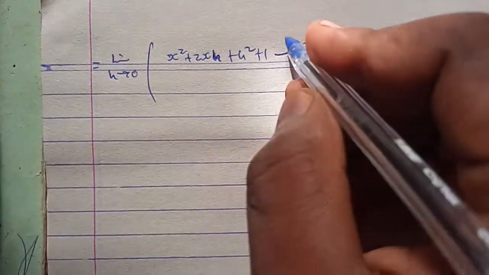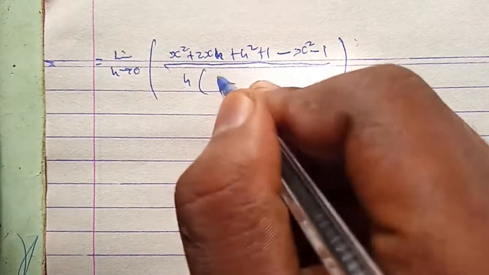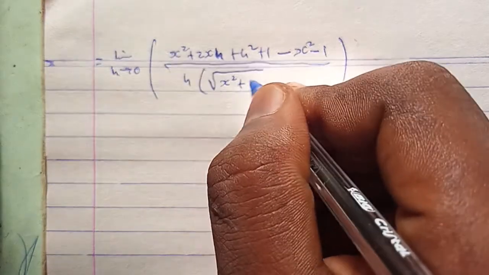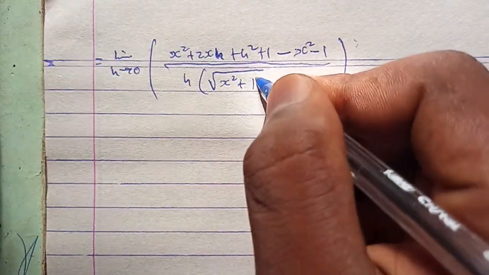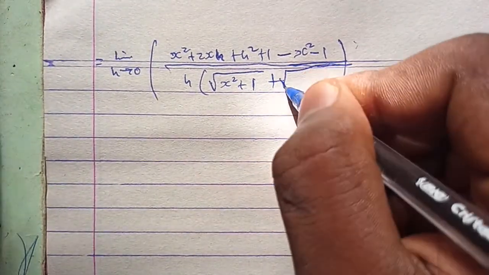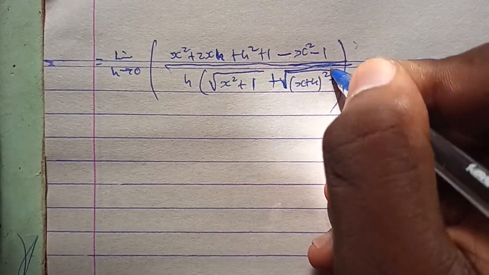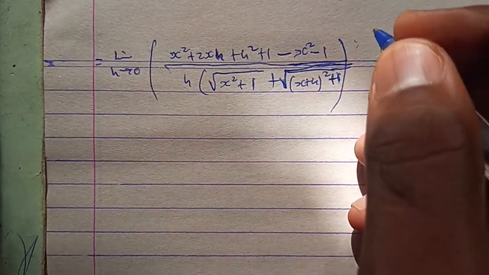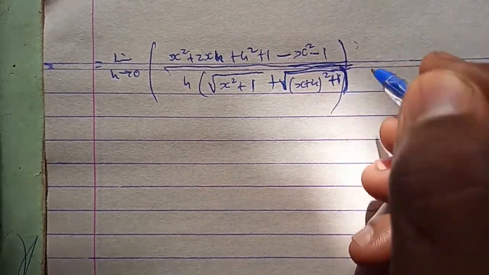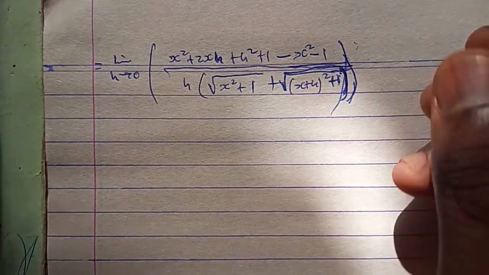Have you seen that, guys? So this will be all over h multiplying by square root of x squared plus 1, plus square root of (x plus h) all squared plus 1. These are under the square root, and someone will say I've interchanged them, but addition is commutative. That is why you can leave them that way.